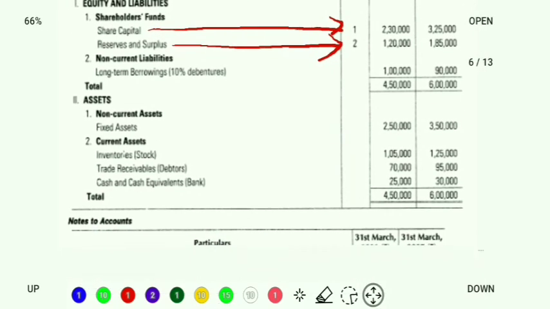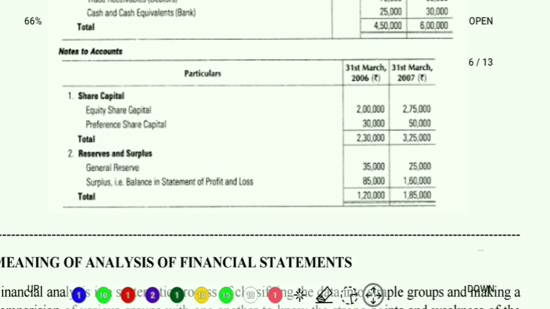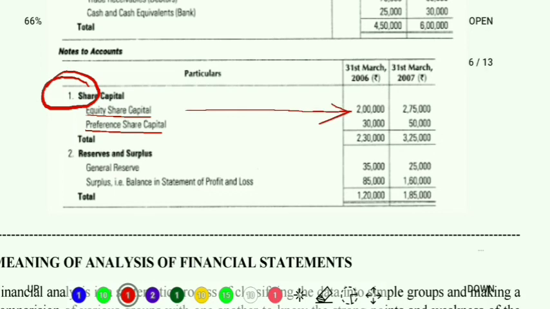Once I finish looking at the balance sheet, I get a specific space called the notes to accounts. See, notes to account number 1: share capital. What is the share capital showing? It is giving me some additional information, like how much equity share capital is there and how much preference share capital is there. I get a breakup over here. My equity share capital is 2 lakh for the year 2006 and my preference share capital is 30,000 for the year 2006, making it a total of 2 lakh 30.